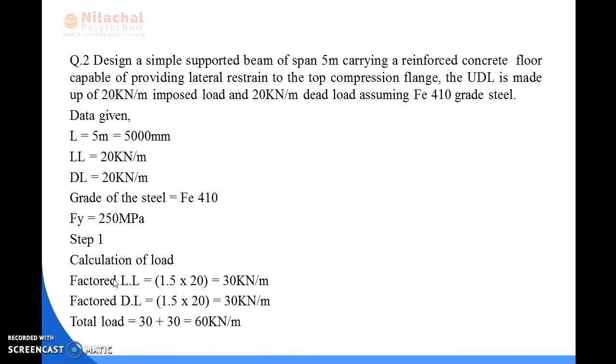So for the live load, 20 kilonewton per meter into 1.5 is equal to 30 kilonewton per meter.